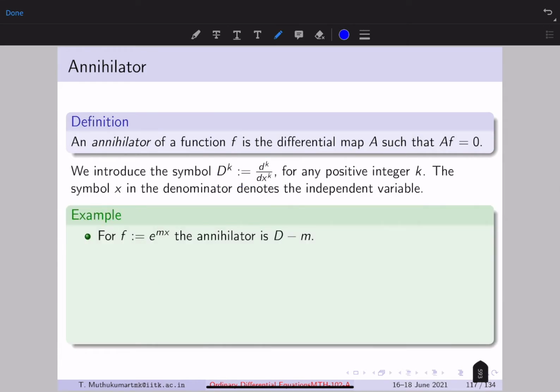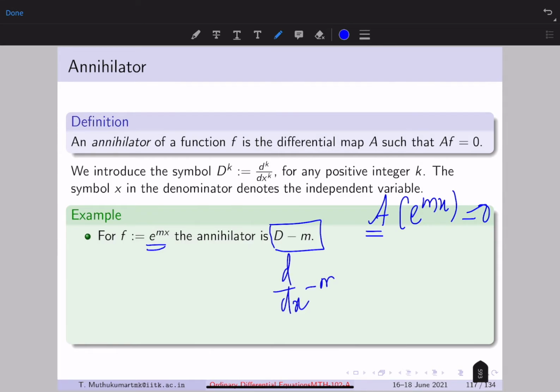So now let's give an example. Suppose your f is e^(mx). In this case, it is easy to find the differential operator A such that A e^(mx) is 0, right? Simple: choose A to be D minus m. What is D? D^1, that is d/dx, minus m.